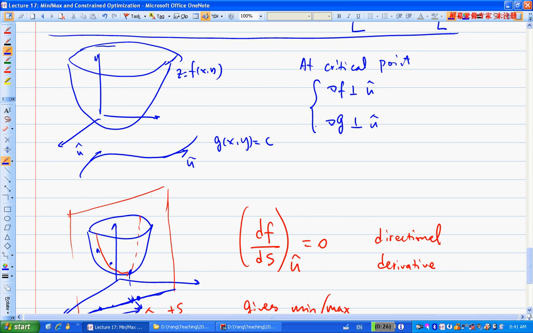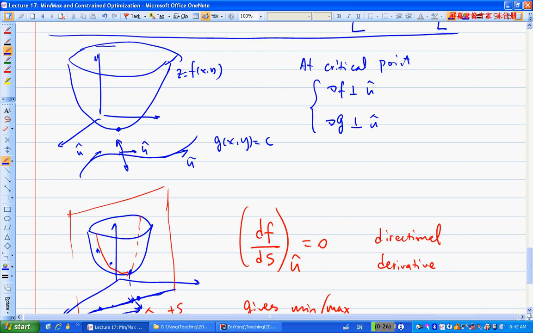So now let's think about this situation. Let's say I'm right at this location here. This is your minimum. At this location, this is your u hat, and we know that at this location your del f is perpendicular to that, and at any location along the curve, your del g is also perpendicular to that, right?